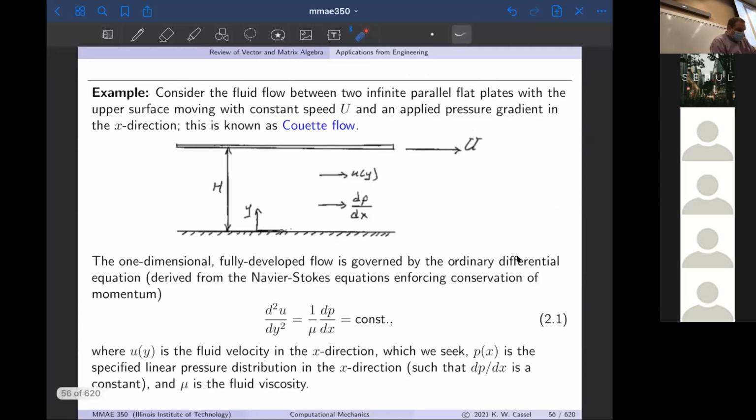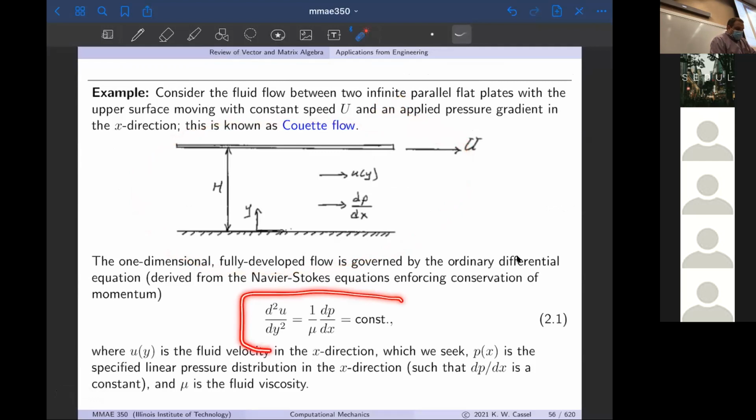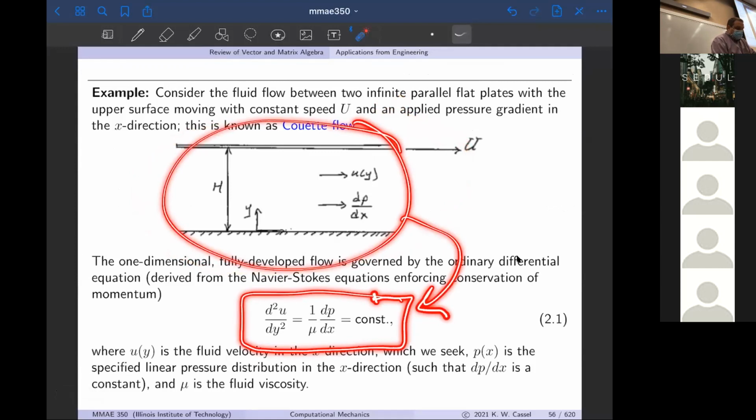So now when I go back, here's my physical system. That's reality, right? Physical question is, what's the flow between 2 parallel surfaces? When I apply the physical laws and make whatever appropriate assumptions, I get my mathematical model. That's step 1. Going from this to this, step 1. Okay.